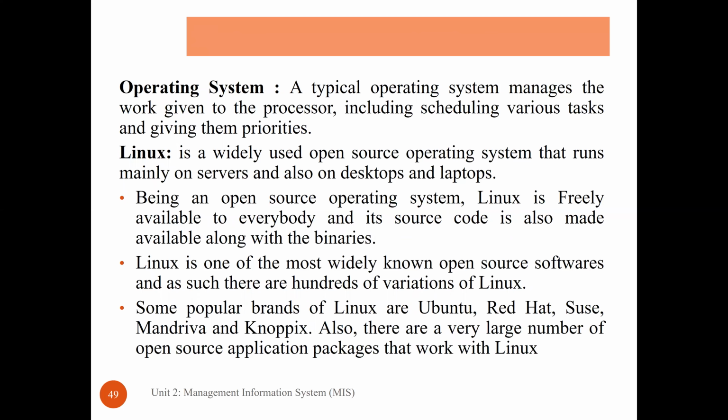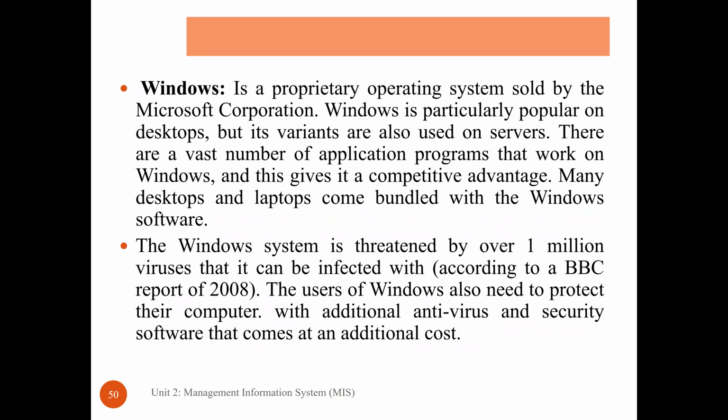Linux is an open source operating system which provides security to the user, so more users are widely using this open source software. There are many versions of Linux: Ubuntu, Red Hat, SUSE. These types of operating systems are to be provided.